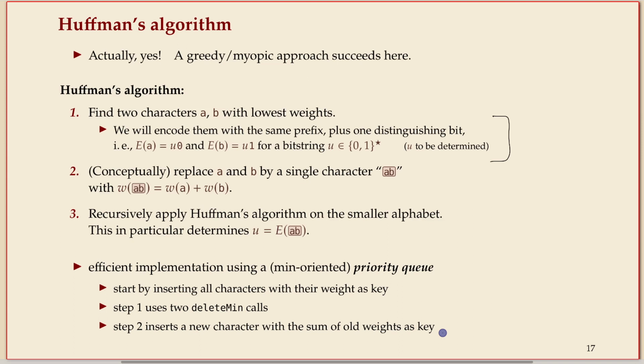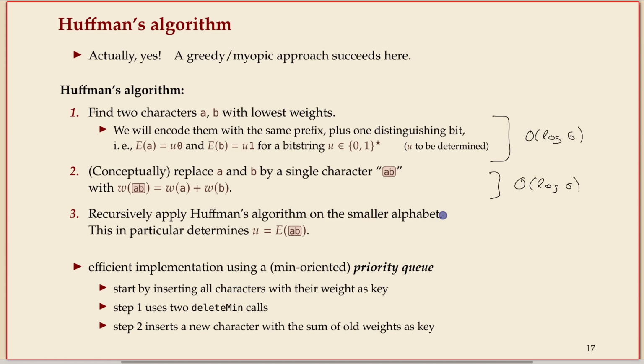And that way, you can do this step in log sigma time. Sigma is the size of the alphabet. It actually gets faster over time, but the first time it takes log sigma. And similarly, the insert here also takes log sigma time in our priority queues.